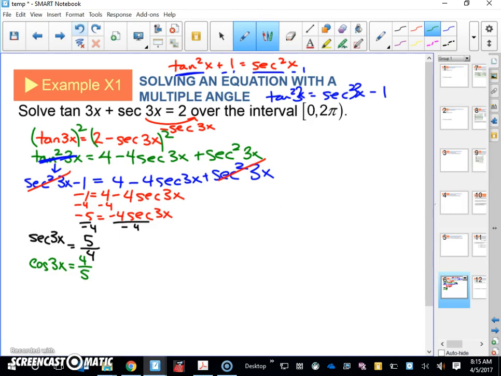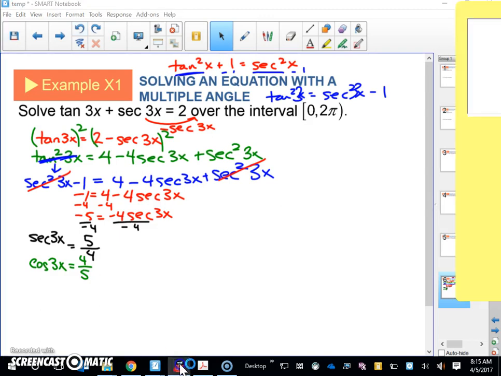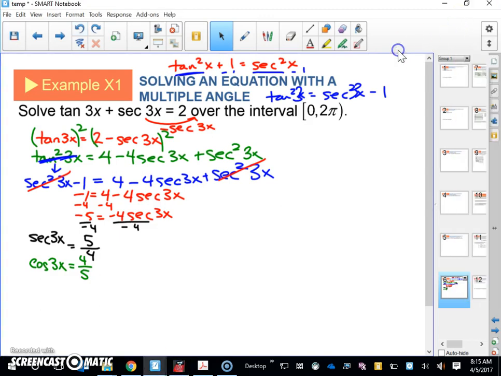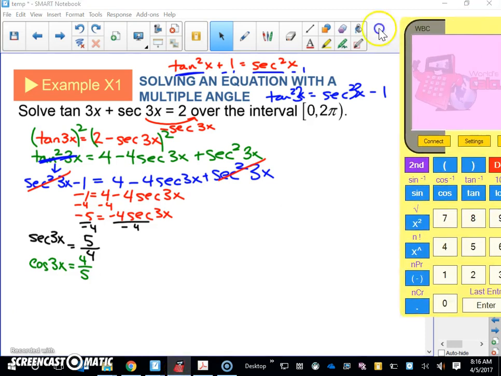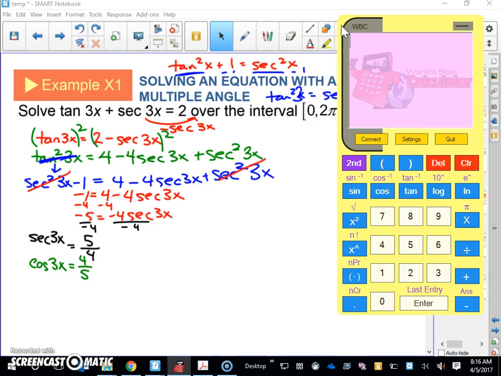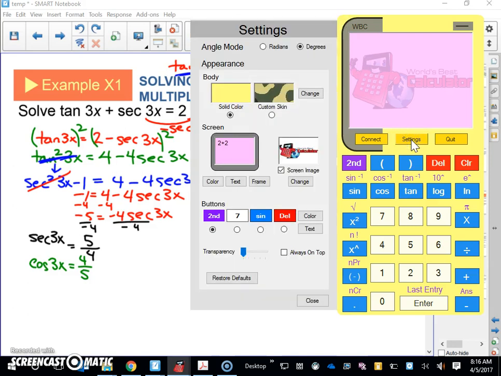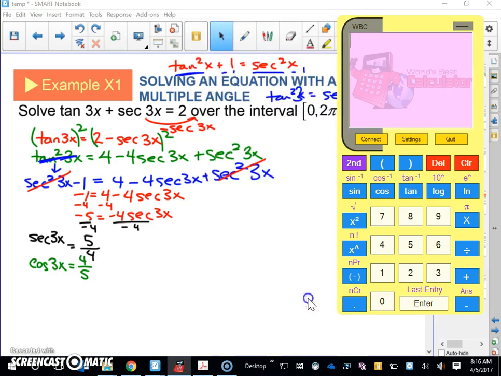So at this point, I'm going to do an inverse cosine to get rid of that cosine. And so we're going to want a calculator, I believe, for that. Okay, let's make sure we're in radians, because we have to be in radians there.